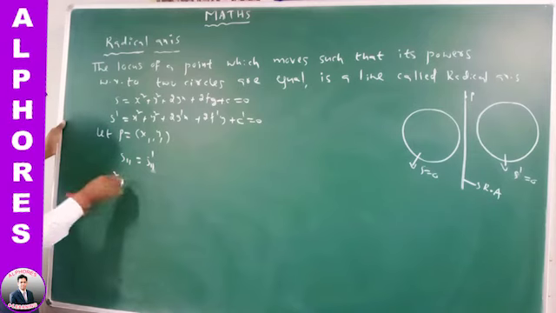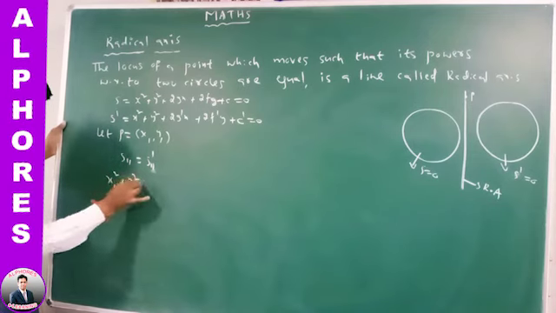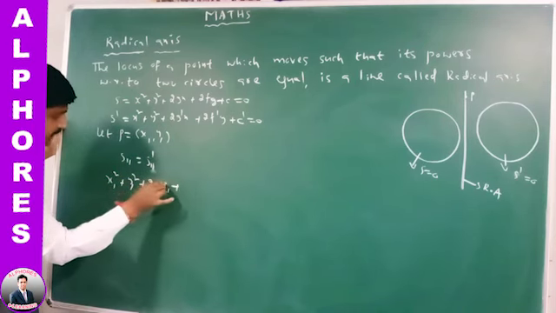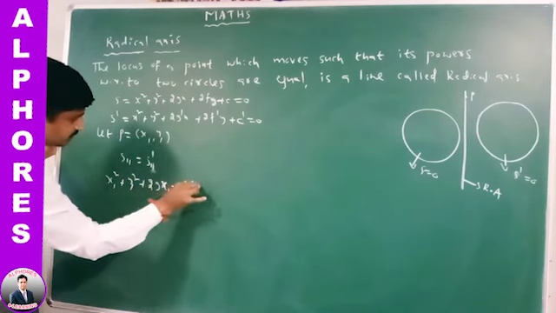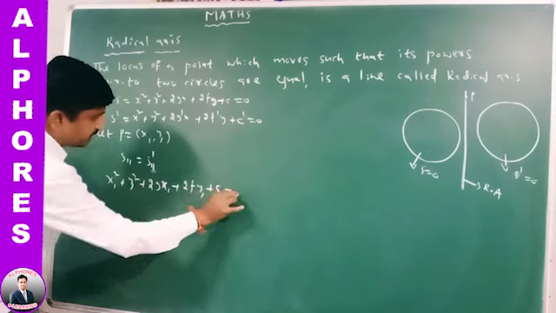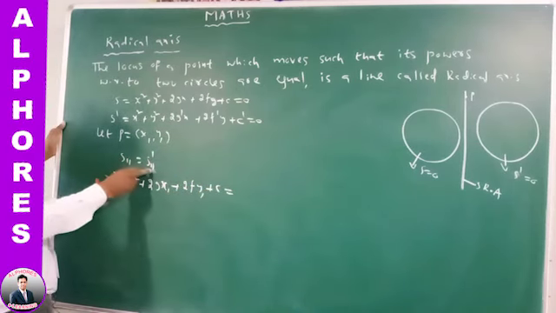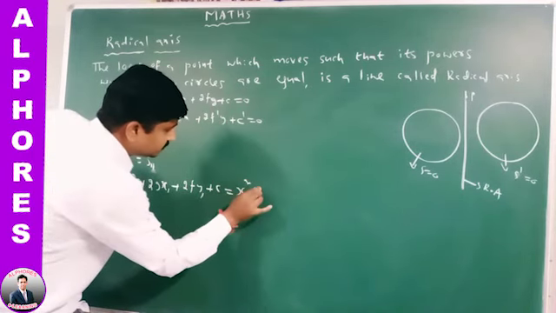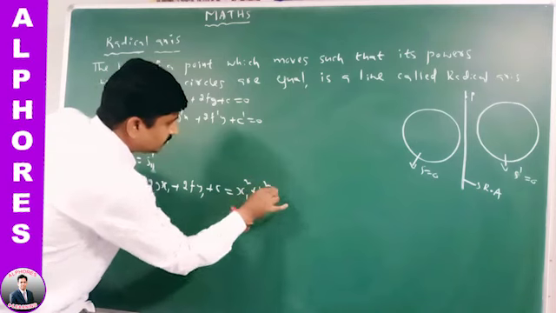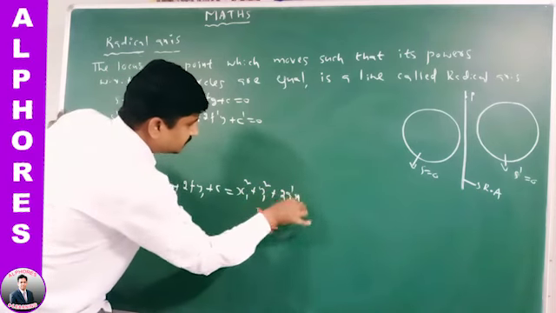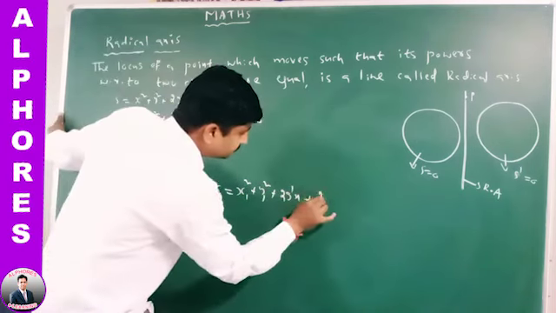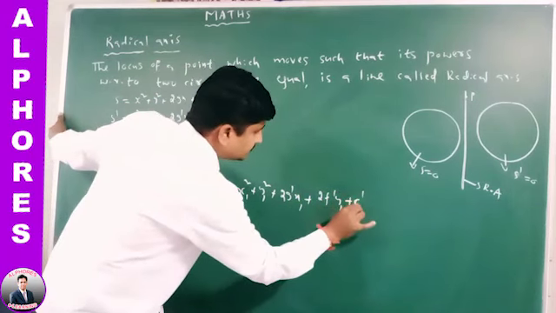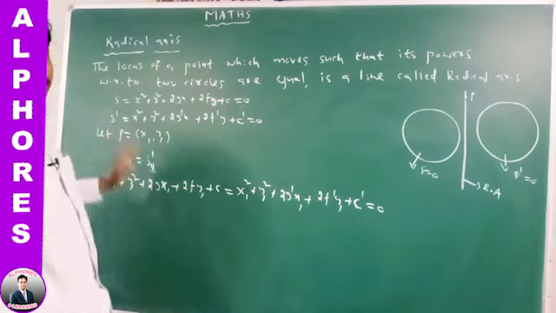Now S11 equal to S11 dash. S11 means x1 square plus y1 square plus 2gx1 plus 2fy1 plus c. Next S11 dash is x1 square plus y1 square plus 2g dash x1 plus 2f dash y1 plus c dash equal to 0.